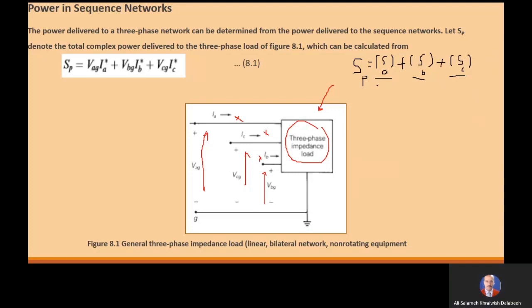You know that the power for phase A is equal to VA multiplied by IA conjugate, while the power of phase B is equal to VB multiplied by the conjugate current of phase B, plus VC multiplied by the conjugate current of phase C. Okay.